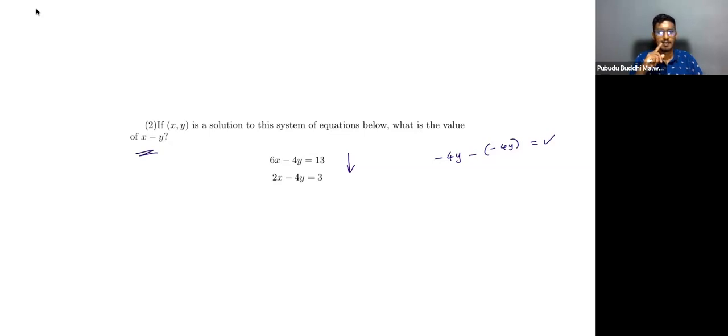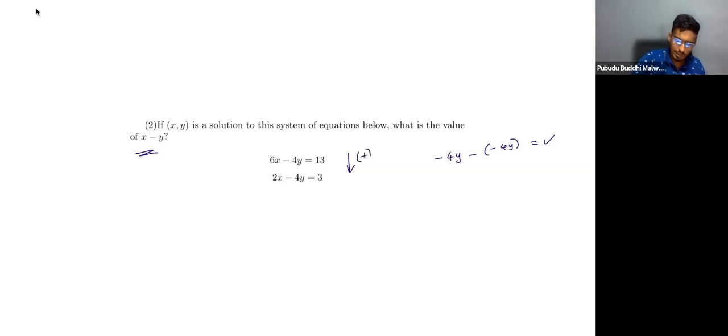Yeah. What if we add these two? I think that way we will get 8x minus 8y. Can you understand that? So I'm going to add these two.